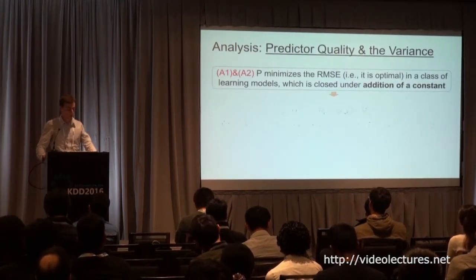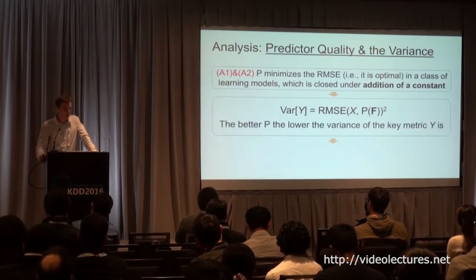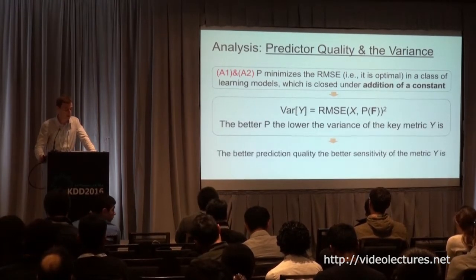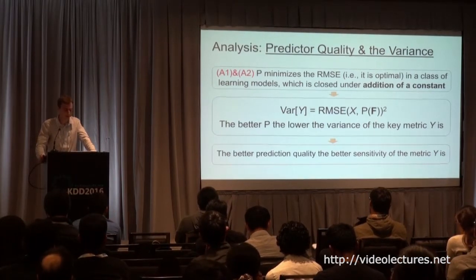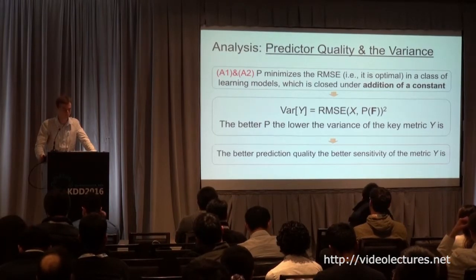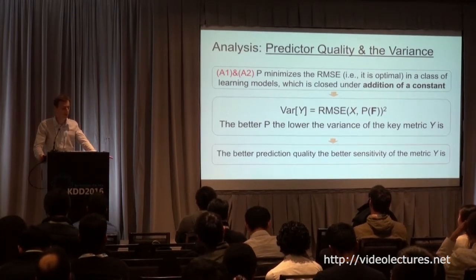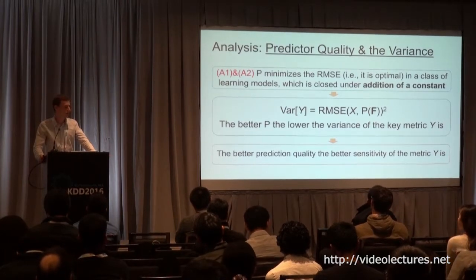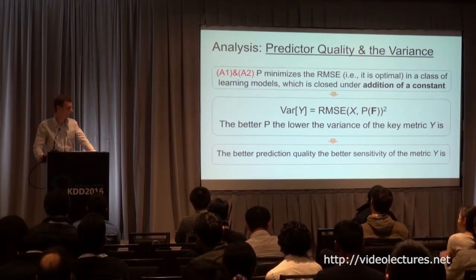The optimality in a class closed under addition of a constant implies that the variance of the modified metric is equal to the mean square error of the predictor. Hence, the better the predictor, the lower the variance of the modified metric y is, and thus the better the sensitivity of this new metric is.